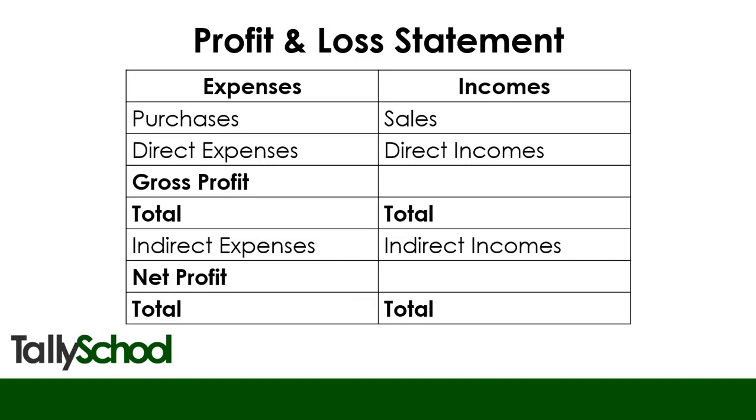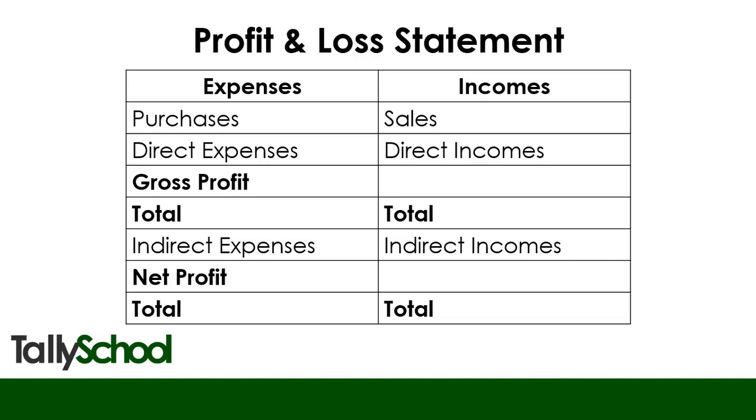You just have to remember that expenses are listed on the left hand side or the expenses column, and incomes are listed on the income side or the right hand side. We have to deduct purchases and expenses, whether direct or indirect, from the sales and direct or indirect incomes.